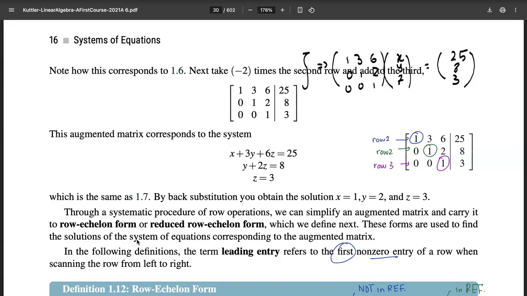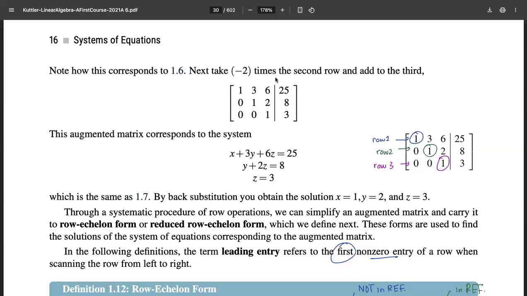When we carry out the matrix vector multiplication, that would lead to the corresponding system of linear equations over here. So that's how we get the corresponding system of equations. And then by back substitution, we can state that x is 1, y is 2, and z is 3, right?